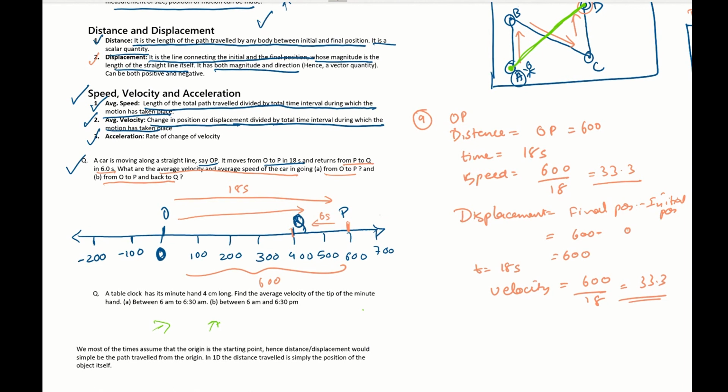All right. Now let us look at the second case, which is B. The car comes back from P to Q in 6 seconds. What is, again, the average velocity and average speed? In this case, the initial position is O and the final is Q, right?